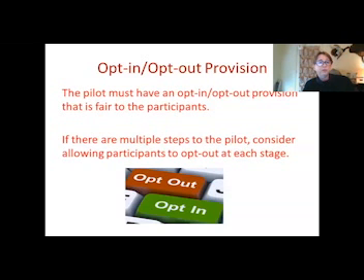For example, in the example that we talked about, where there was a mediation stage, an initial gathering of documents stage, and a fact-finding conference stage, you could allow the participants an opportunity to opt out at each one of those stages.